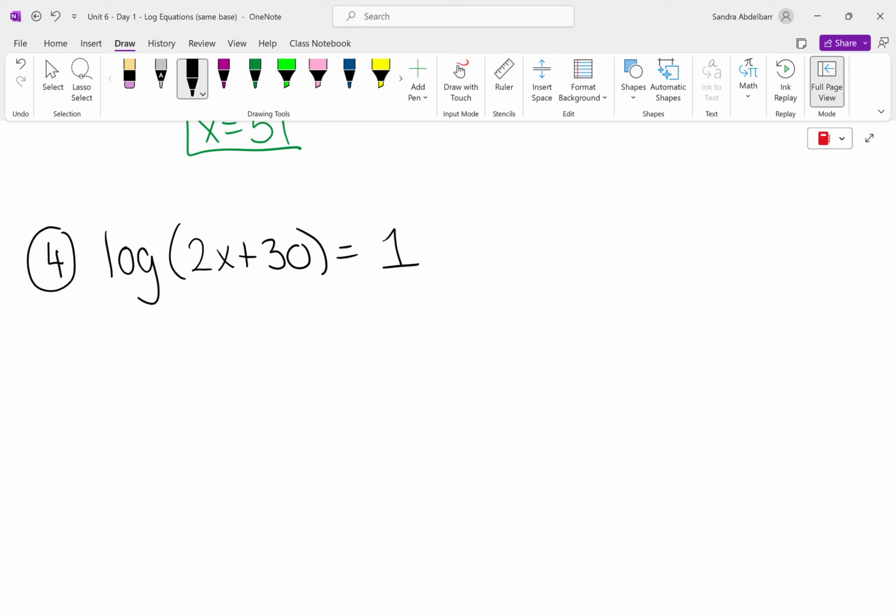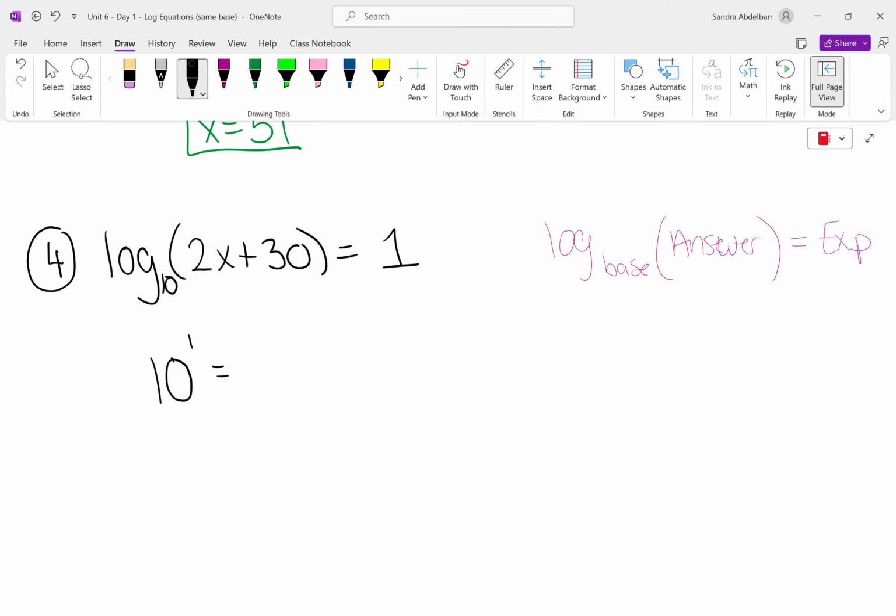This is log equals number. When it's log equals number, what do we have to do? Change it to exponential. So this is log base 10. Remember, it's log base answer equals exponent.